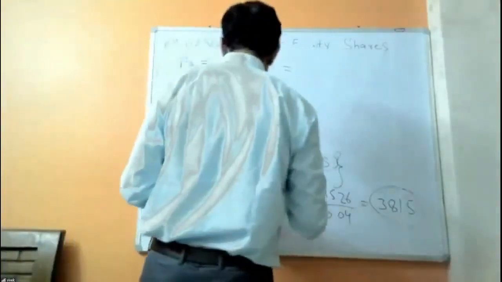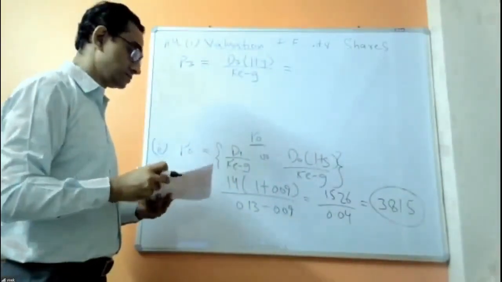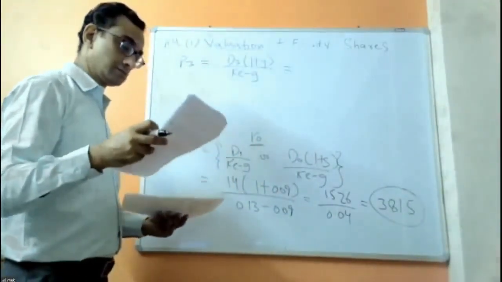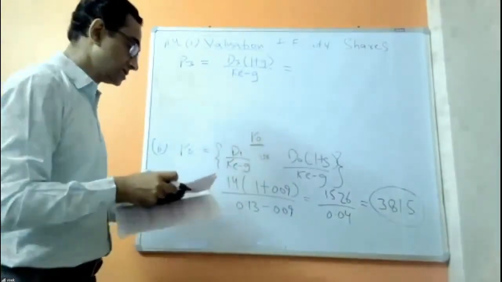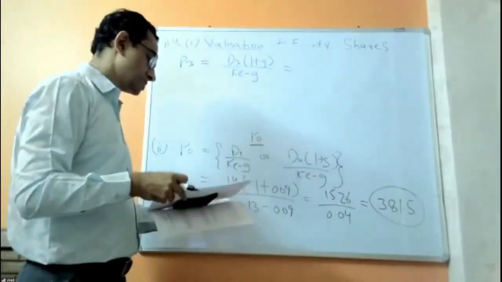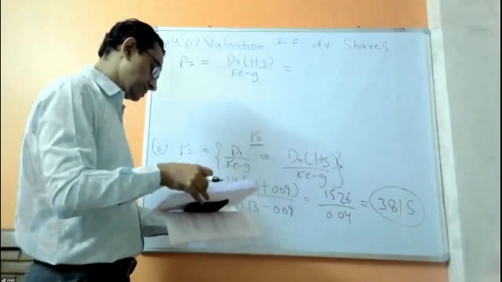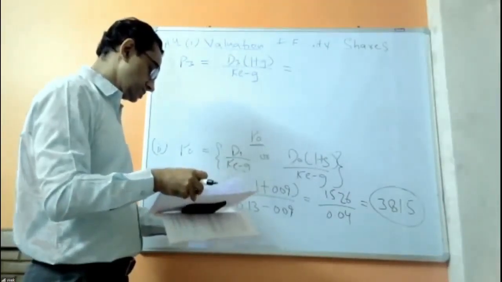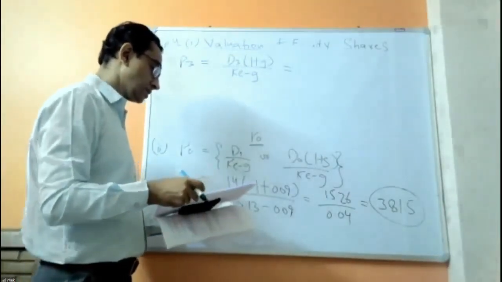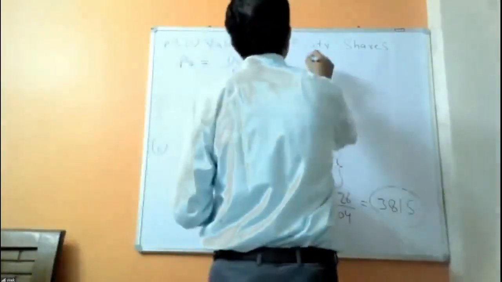So now what is the D3 we have calculated? I think the D3 figure which has been calculated in this question number 4 is 18.13, the dividend at the end of the third year.